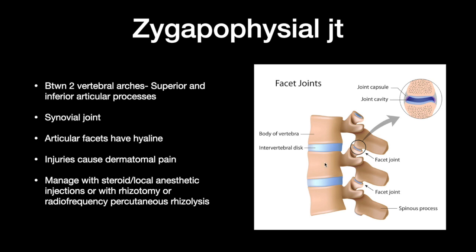That will cause those patterns of pain, and those can be managed with steroid or local anesthetic injections, or with resection of the nerve, which is the rhizotomy, or it can be lysed with radiofrequency percutaneous rhizolysis, where the root of the nerve will be dissolved.